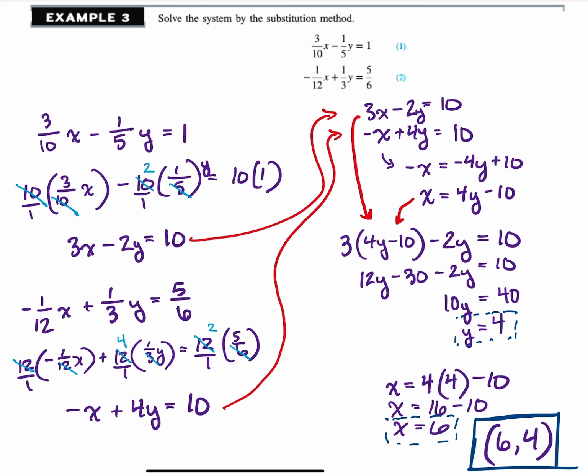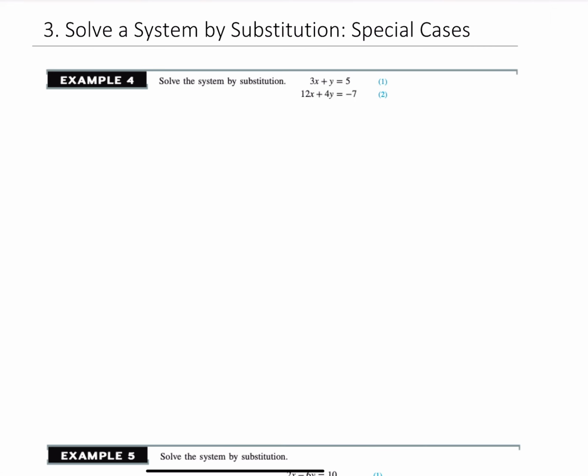Now, if you remember from previous videos, there's a few special situations with linear equations where we might have no solution or infinitely many solutions. The case of no solution is when our two lines are parallel to each other. They have no intersection point on a 2D plane.